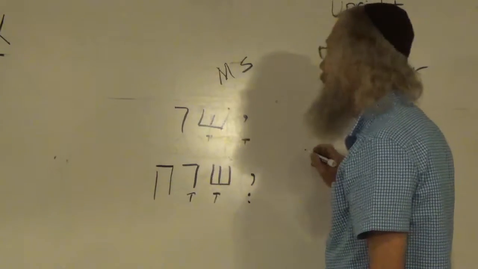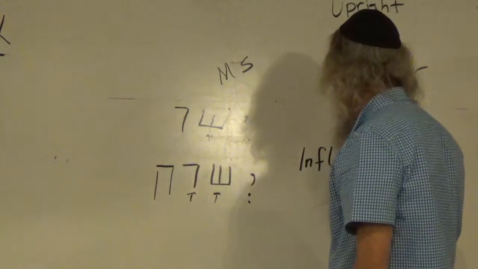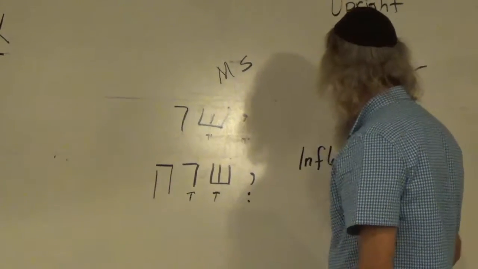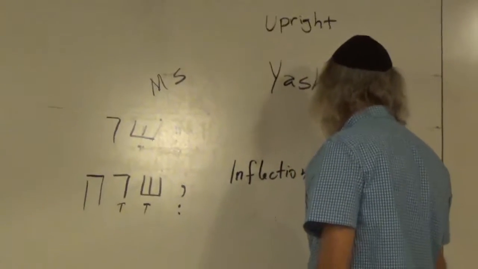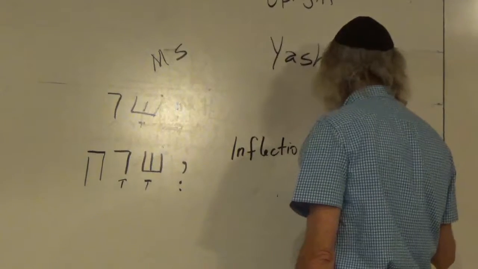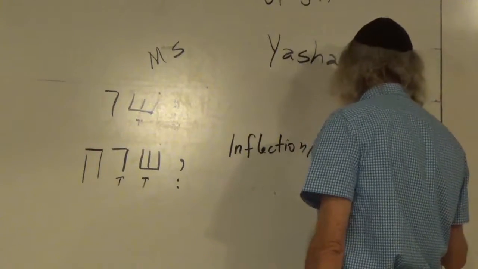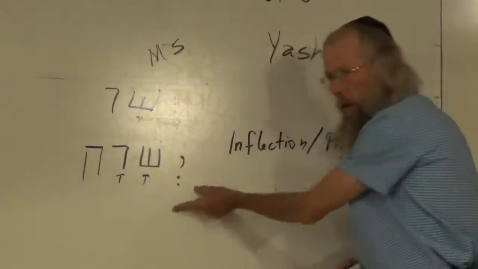So this is inflection through pre-tonic reduction. In other words, I've shortened this syllable here.